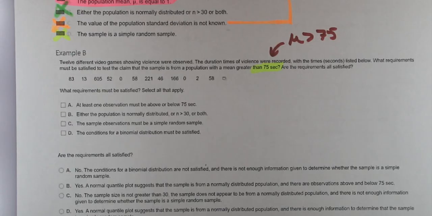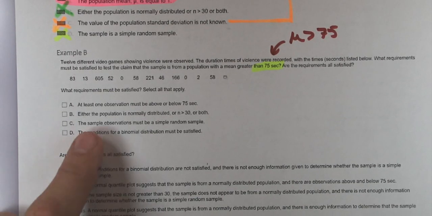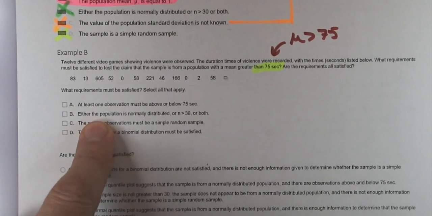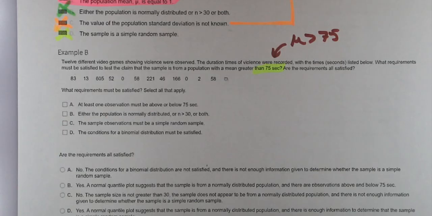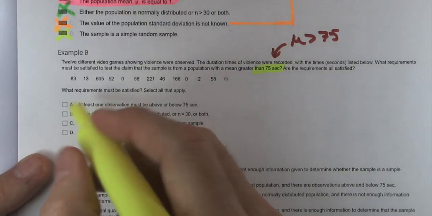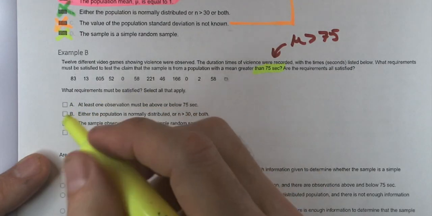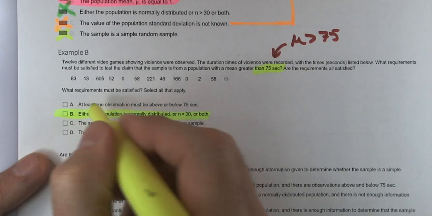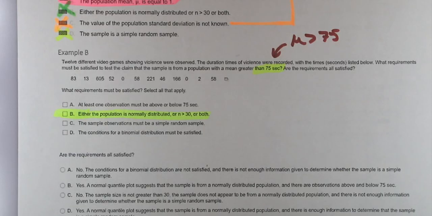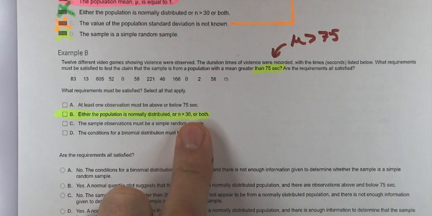Nicholas, how about the next one? Should that be one of the requirements that are true in order to do our hypothesis test here? Yes. Yeah, absolutely. We need that it's normally distributed somehow, either because we have a normal population or because the sample size is greater than 30, in which case we know that the sample mean has an approximate normal distribution.